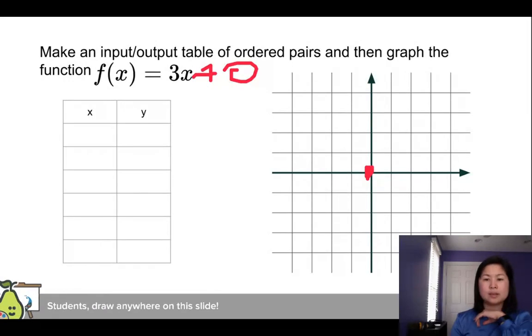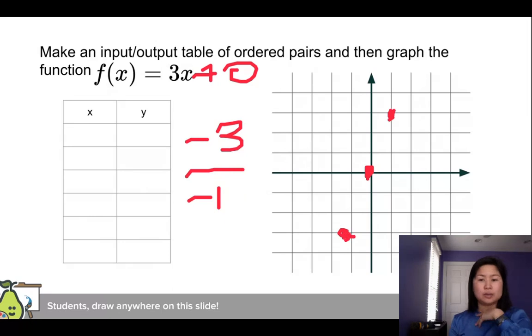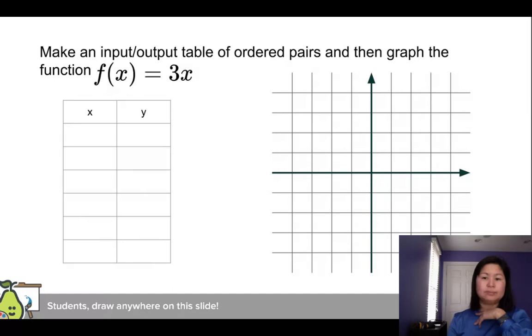That's the y-intercept. The slope is 3, so you go up 3 over 1. Or you go down 3 and then go to the left 1, which is the same, because the negatives cancel out. So that's one way for you to graph this function.